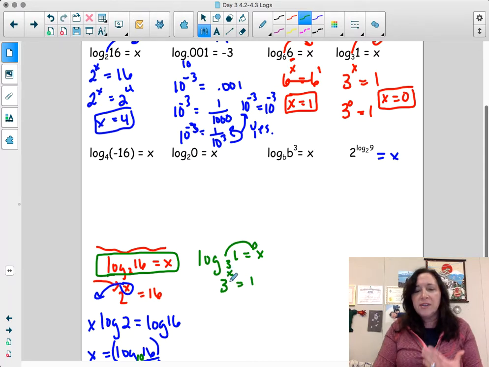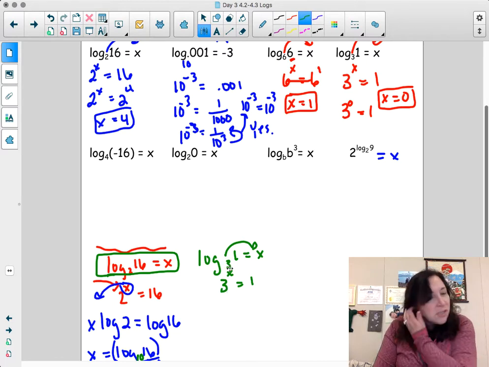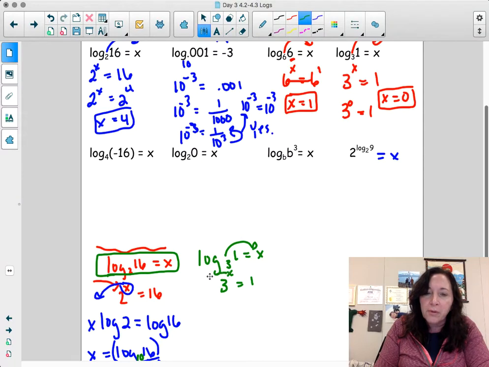Now, if you didn't know, because remember, you can only set the exponents equal to each other if the bases are the same. And in this case, the bases are not the same, and they're never going to be the same. So if I didn't know that x was 0, what I could do is pull this forward.